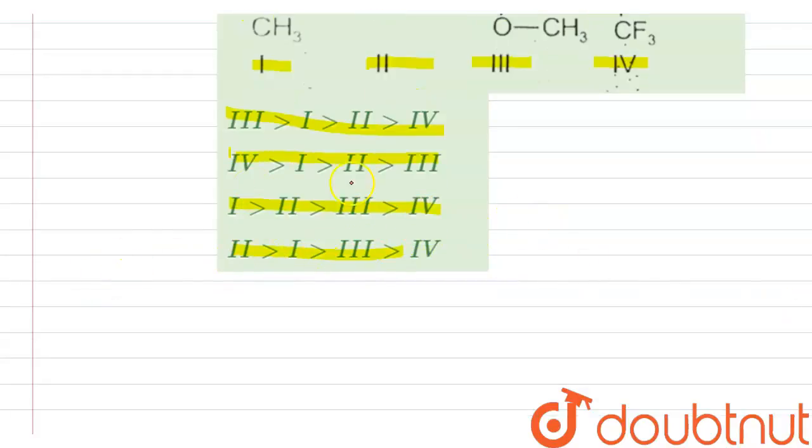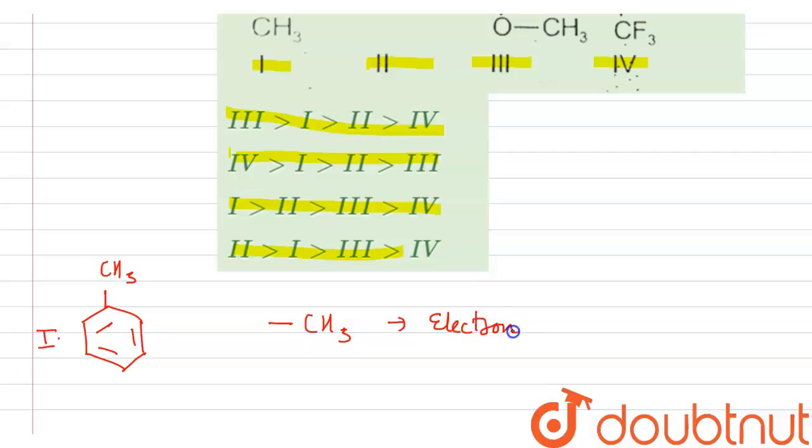So we'll take these 4 compounds. The first one is a benzene ring with the CH3 group, that is a methyl group, and this compound is toluene, right? So this is compound first. Now if we see here, there is a functional group, that is CH3. The CH3 group is an electron donating group.